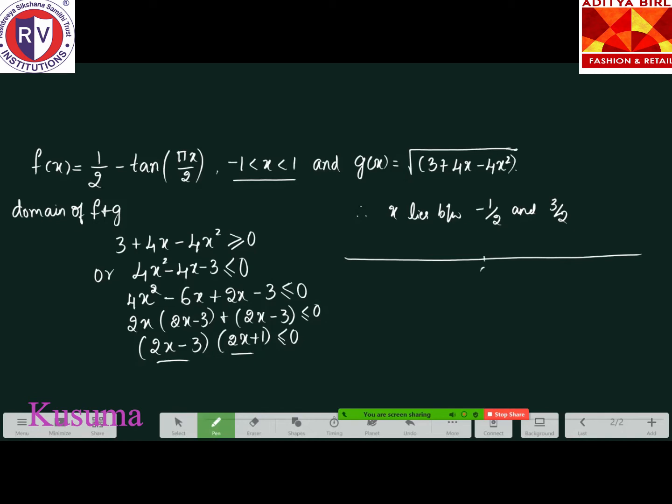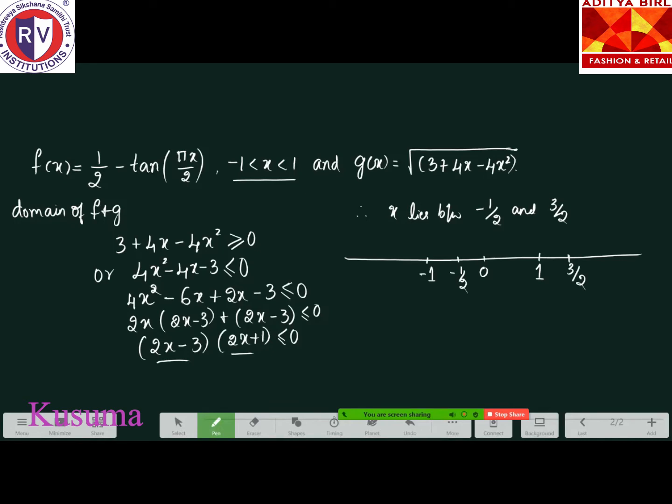So this is 0, we know 1, minus 1. So this is the interval for f, right? X lies between minus 1 and 1. Now, x lies between minus 1 by 2 and 3 by 2 for g. Say minus 1 by 2 comes somewhere here and 3 by 2 will be somewhere here, right?